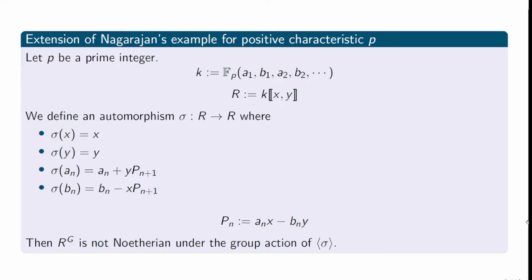Then I claim that the invariant ring under this group action, where the group is generated by sigma, so it is sigma, sigma squared, sigma cubed, and so on, is not going to be Noetherian.